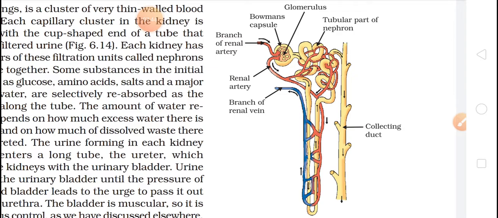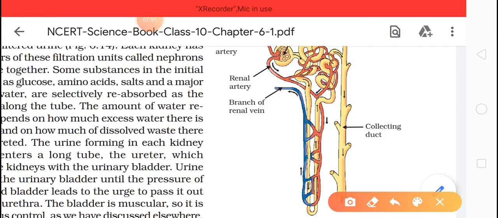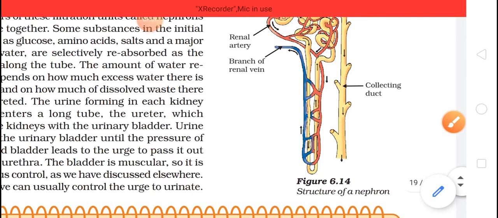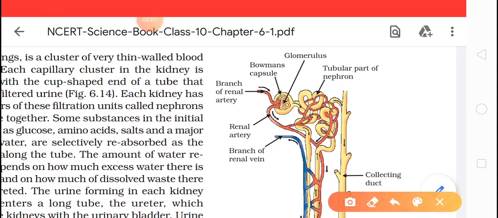One is the Malpighian body and one is the tubule. One structure is the long tube which you see, this long tube is your tubule, and one is your Malpighian body.